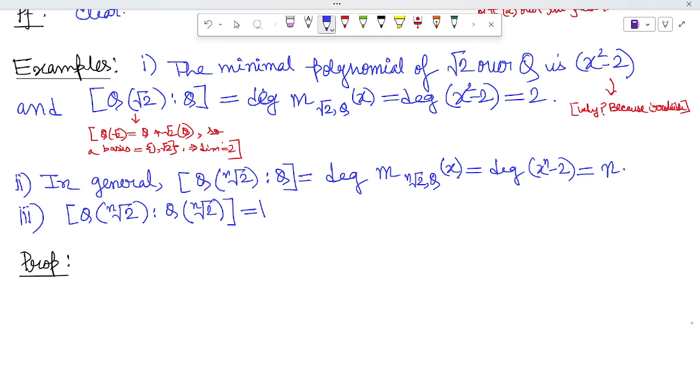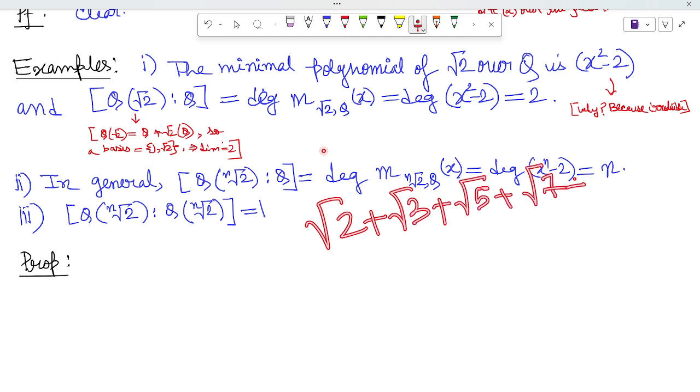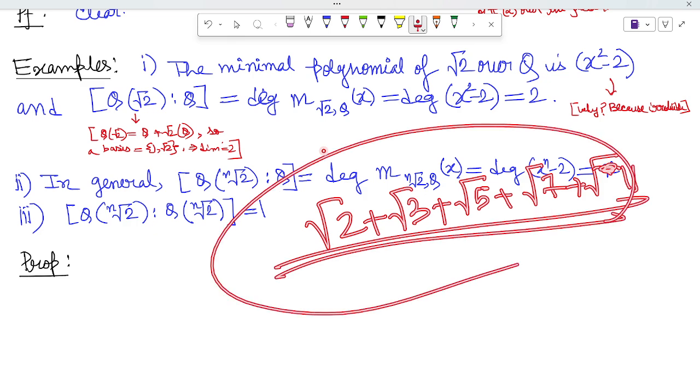Suppose I gave you the element root 2 plus root 3 plus root 5 plus root 7 plus root 11. I told you to see whether that element is algebraic over Q or not.